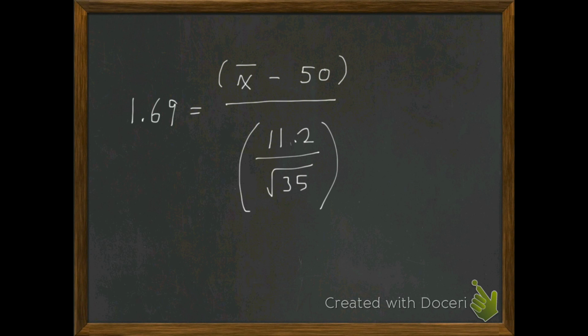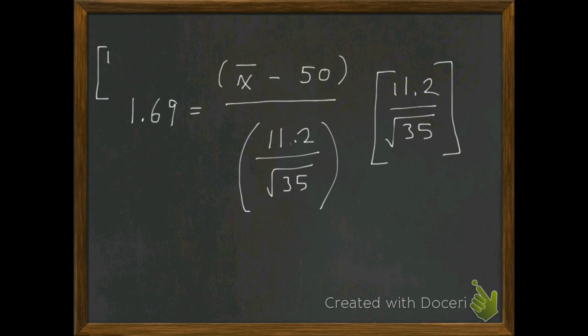Okay, so the very first thing I'd want to do is multiply both sides by 11.2 divided by the square root of 35. That's going to be cool over here because that goes away.